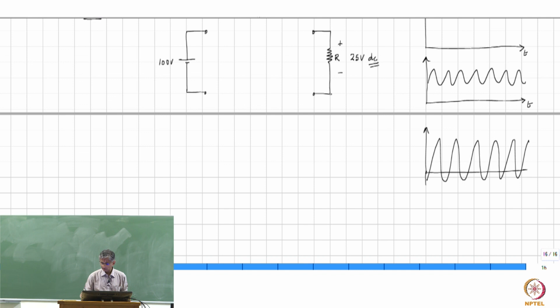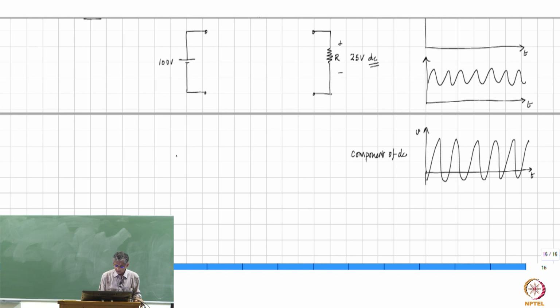Is this DC? It has a component of DC. How do you determine the DC component? The average value of this waveform represents the DC component that is contained in it.